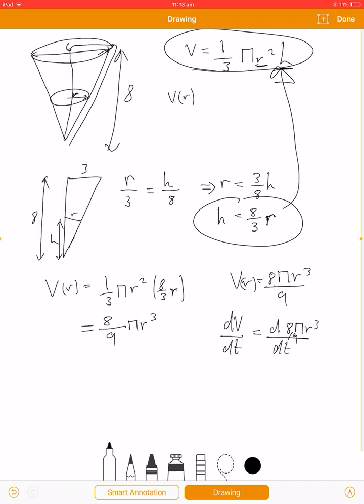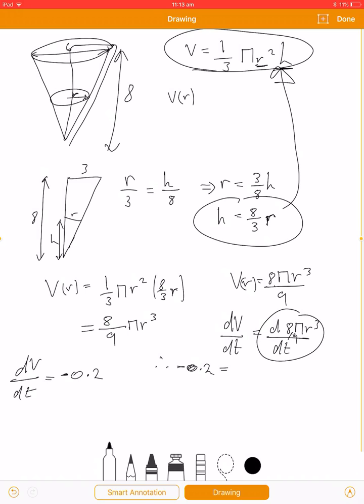It's a bit messy. The question tells us that the water exits the tank at a rate of 0.2 meters cubed per minute, which means that dV over dt equals negative 0.2. Therefore, negative 0.2 equals the differentiation of this function.